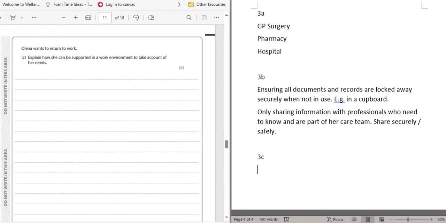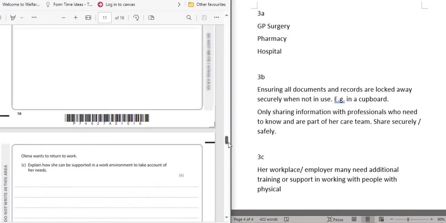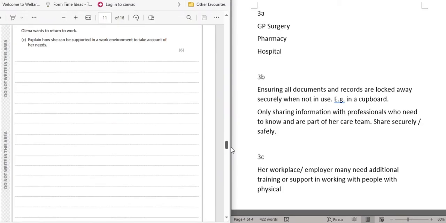So some of the things that could be done might be that her workplace or employer may need additional training or support in working with people with physical, I'm going to go with the title of this section, which is always physical or sensory disabilities. So we're going to go with physical disabilities.